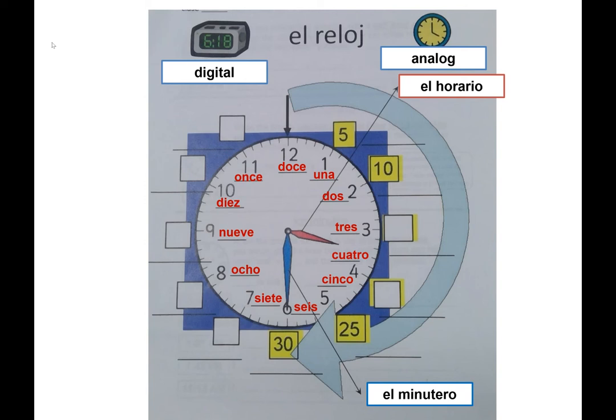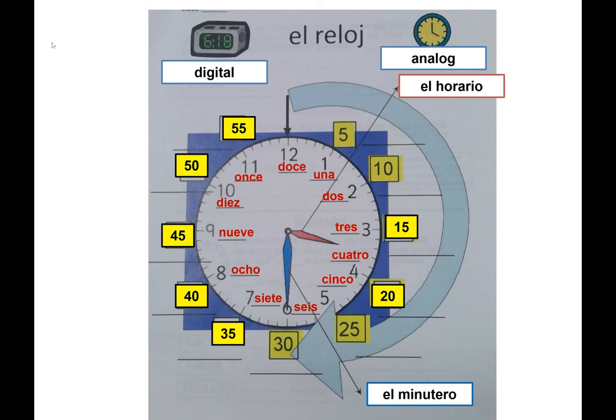On the outside of the clock, there's another set of numbers that are actually the minutes. So the first one is, let's see if you can do them. 5, 10, 15, 20, 25, 30, 35, 40, 45, cincuenta, 55.